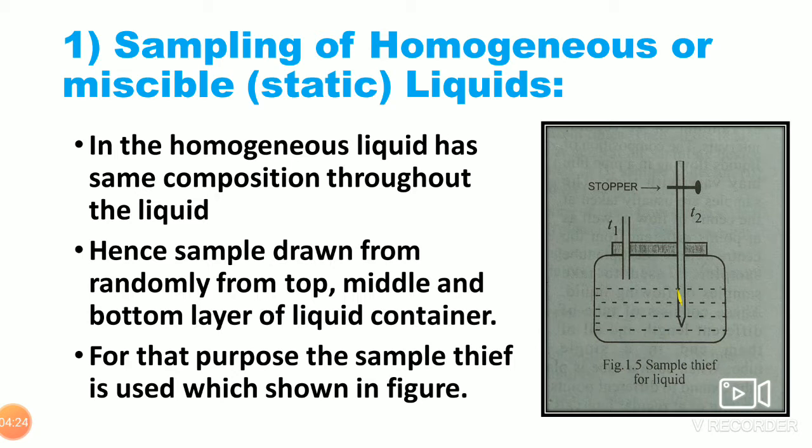I hope you understood this figure. The homogeneous liquid has the same composition throughout the liquid. Why the same composition? Because it is homogeneous, a single layer, the whole liquid is a single layer. That's why it consists of the same composition. Hence a sample can be drawn randomly from the top, middle, or bottom layer of the liquid container.